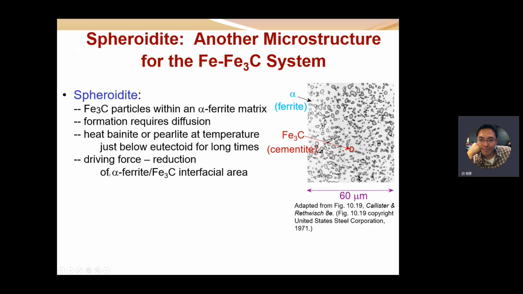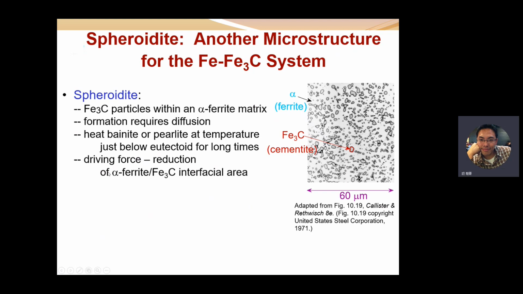Another microstructure for the iron-cementite system is called spheroidite. Spheroid means sphere, so spheroidite is a rounded structure.